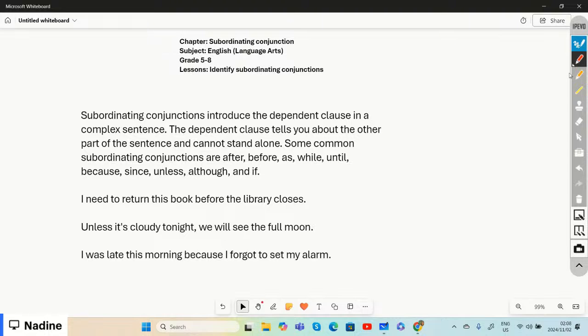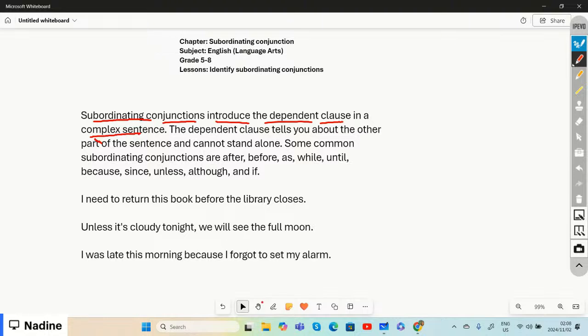So when it comes to subordinating conjunctions, they introduce the dependent clause in a complex sentence. All right.